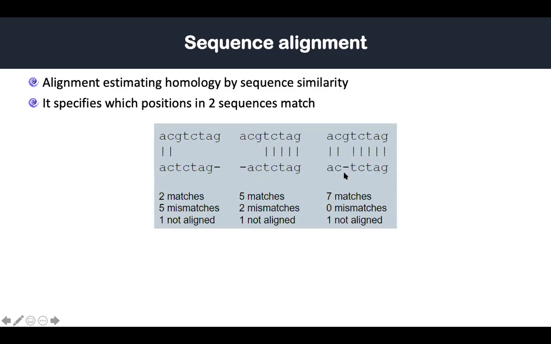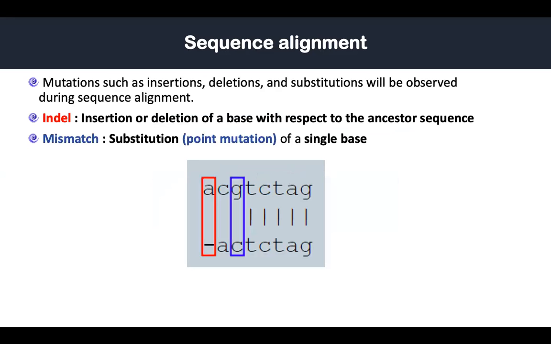The not aligned could be an insertion or a deletion, depending on which sequence you're using as a reference. So mutations such as insertions, deletions, and substitutions can be observed during sequence alignment. You can also look at SNPs, or single nucleotide polymorphisms, when you're doing alignment.